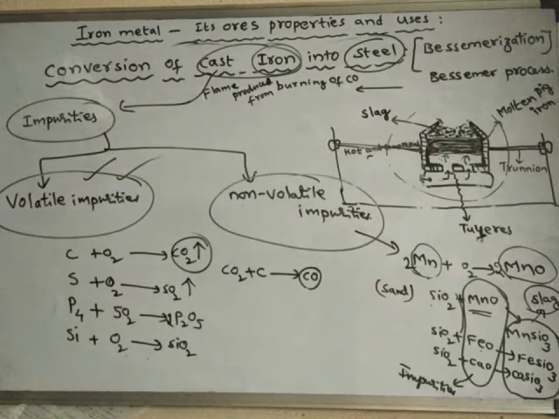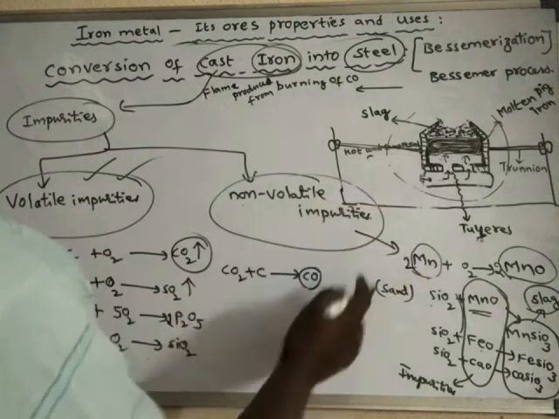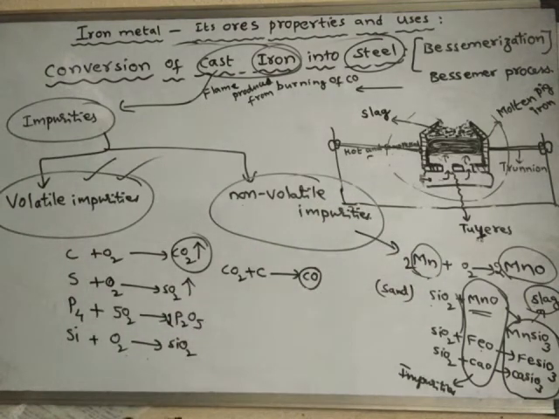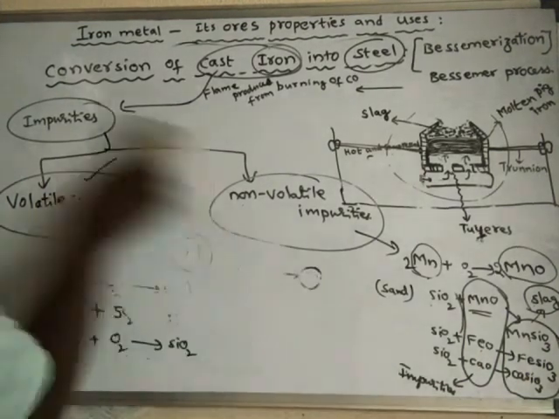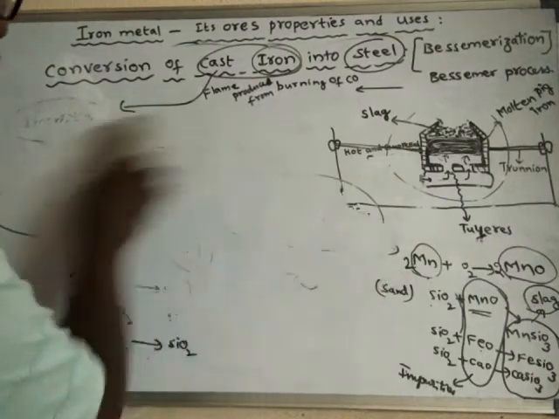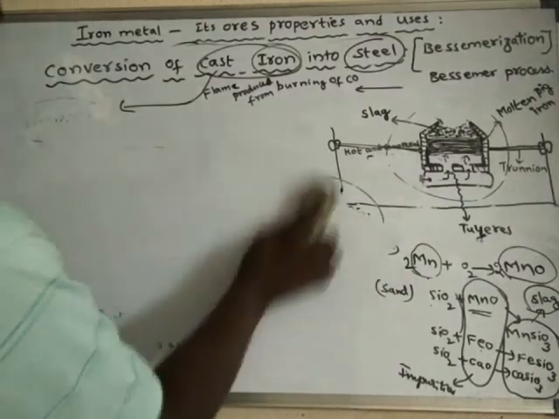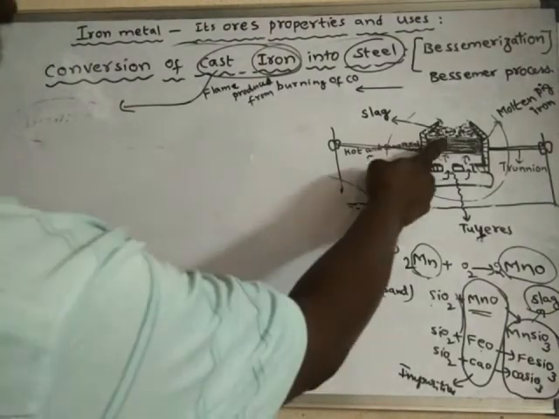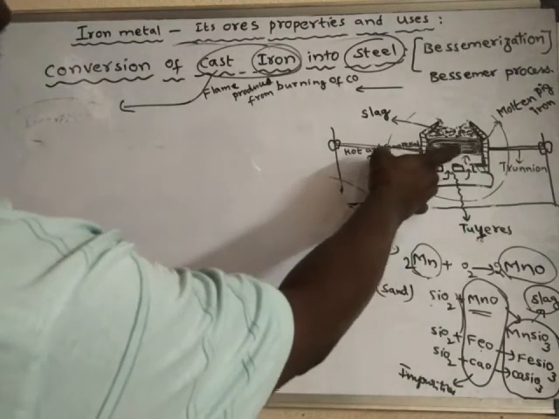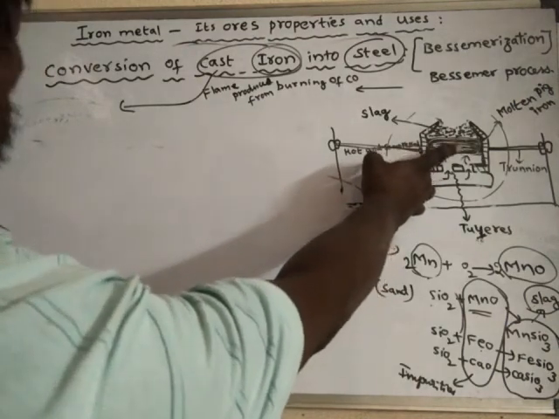Now after cutting off oxygen, what do we have to do? We have to add some amount of spiegel. Now all the impurities are removed, and this cast iron is free of impurities.